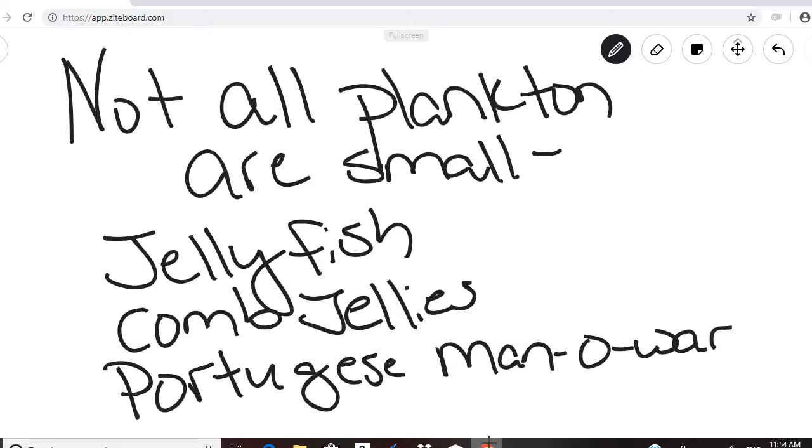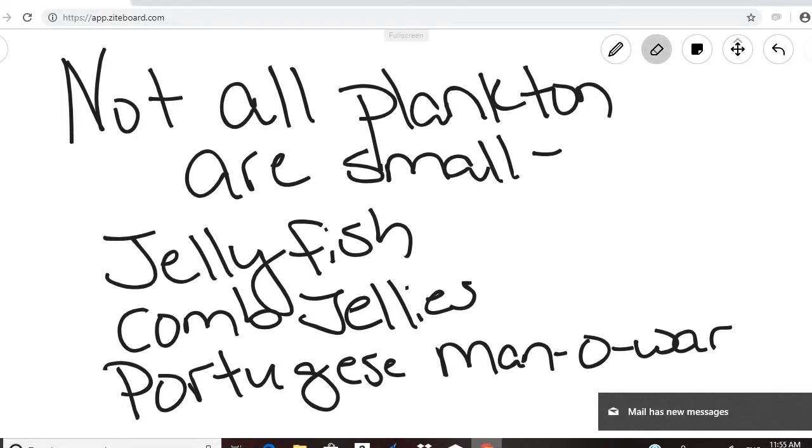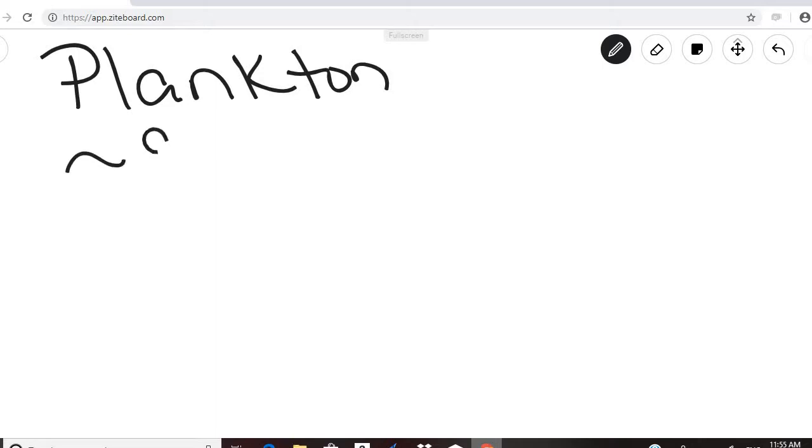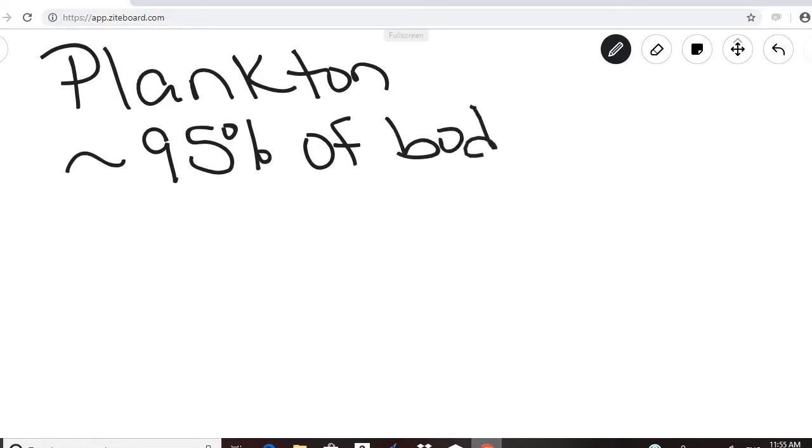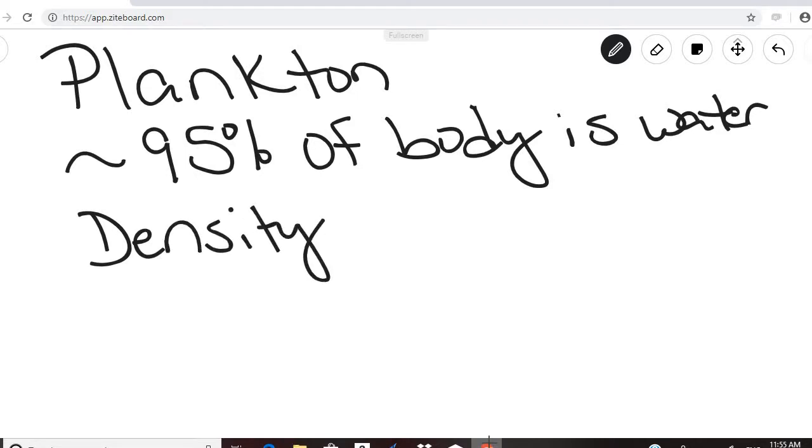So although we have been talking about very small microscopic plankton, just remember that there are large plankton as well. The thing about plankton is that about 95% of their body is water. And what that does is, because they are made of so much water, their density is close to the density of seawater.